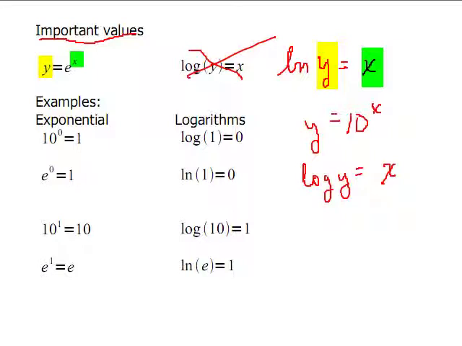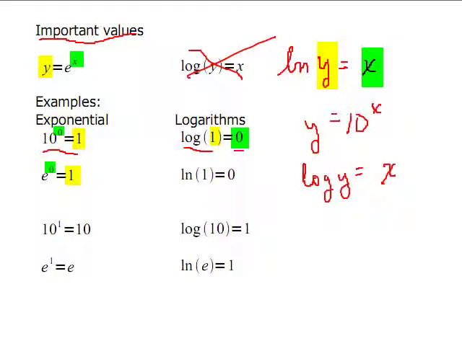10 to the 0 is 1. If I take the log of 1, I'm going to get the 0, because the 0 was the exponent. So here's the answer in the equation. I take the log of that answer, and I get the exponent. For the next one, again, the exponent is 0, and the answer is 1, because anything raised to the 0 power is 1.